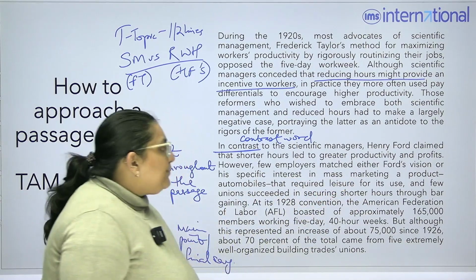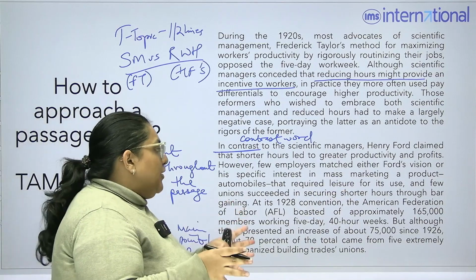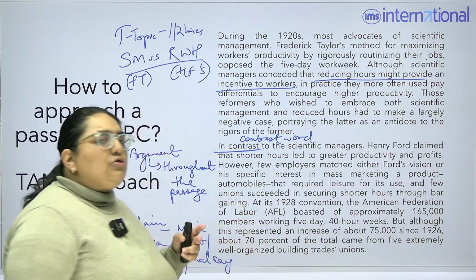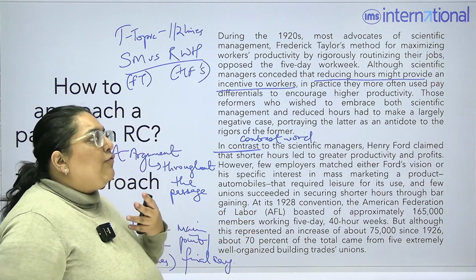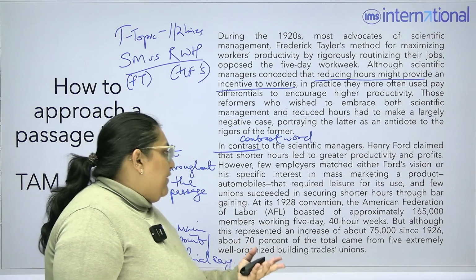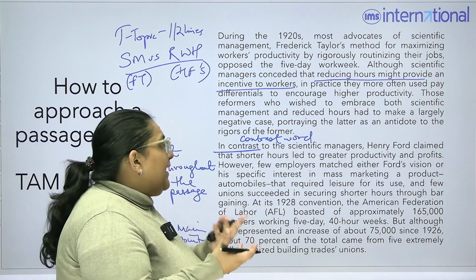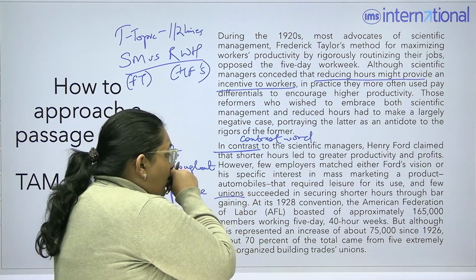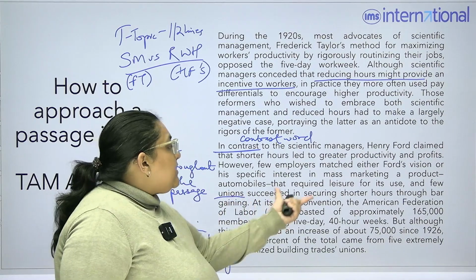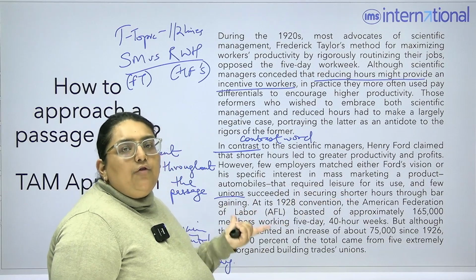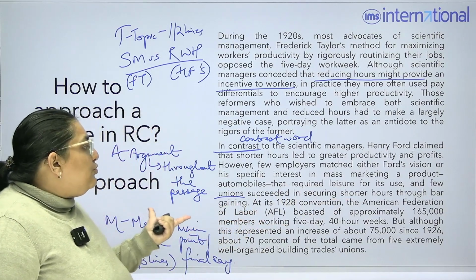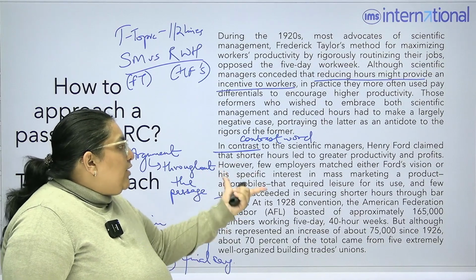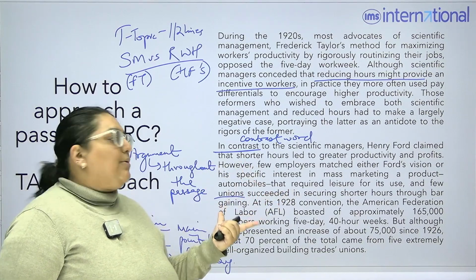So there were very few employers who were able to match Ford's vision or follow the path he had paved, and only a few unions succeeded in securing shorter hours for their workers, and they did so through bargaining, not by making management understand that fewer hours were better.